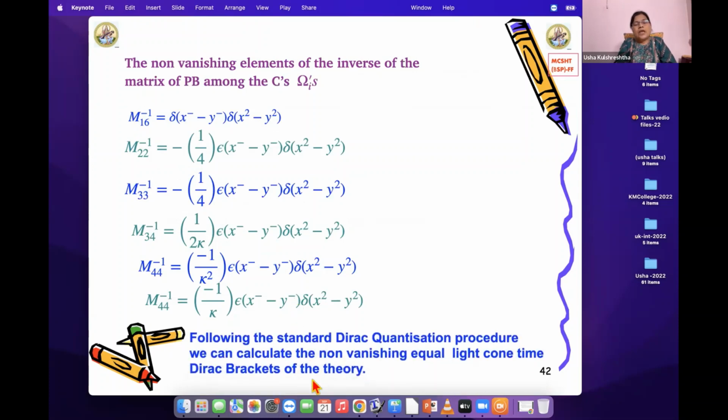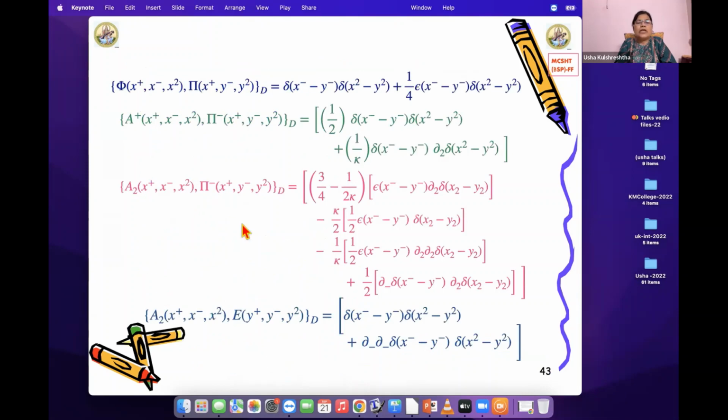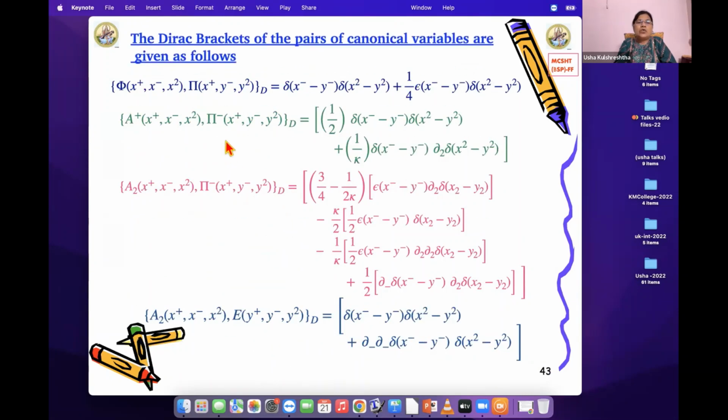Then, following the standard Dirac quantization procedure, one can calculate the non-vanishing equal light cone time Dirac brackets of this theory. These are the equal light cone time Dirac brackets of the theory. Each one of these requires a lot of calculation. This is really a lengthy calculation.